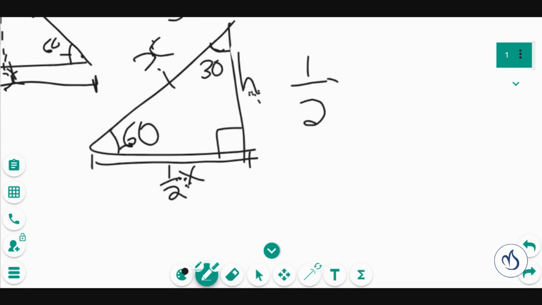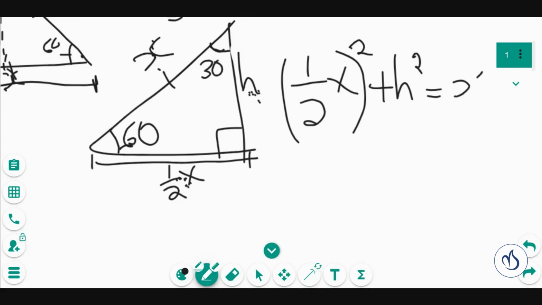So if I have a half of x and I square that plus h squared gives me the hypotenuse, which is the longest side, also squared. That is my Pythagoras theorem. I think we are very familiar. We had a lesson about it. In case you were not there, you can, of course, first watch that video, or you can go through that video after this one so that you have a perfect knowledge.